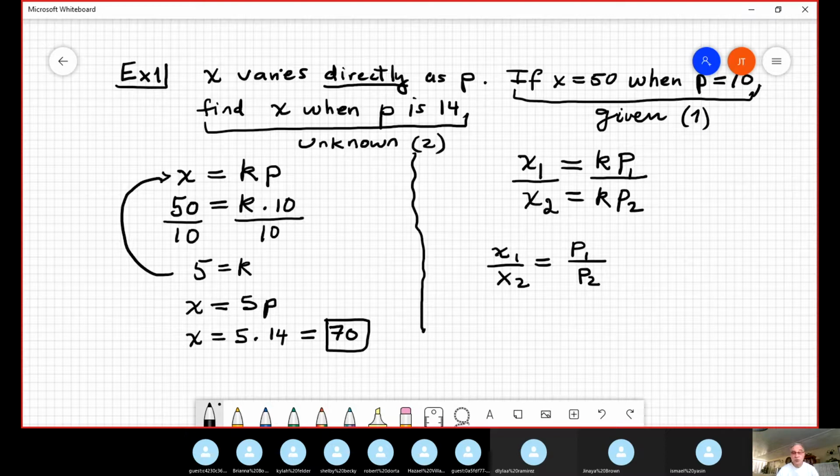Okay, substitution, the corresponding values, no? x1 is this, 50. P1 is this, 10. x2, I have no idea. And P2 is 40.